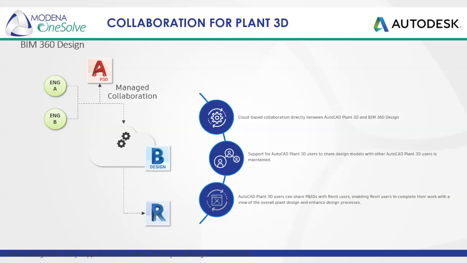With this connection, the benefits of cloud-based collaboration, access to the latest designs anywhere on any device, coordinating drawings and models with managed project synchronization, and improved plant project productivity are all enhanced.